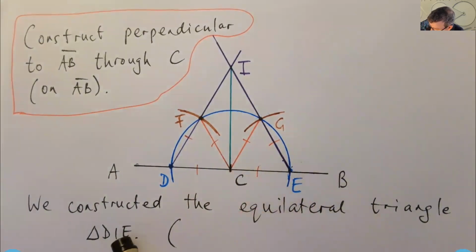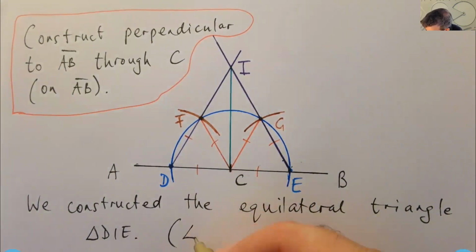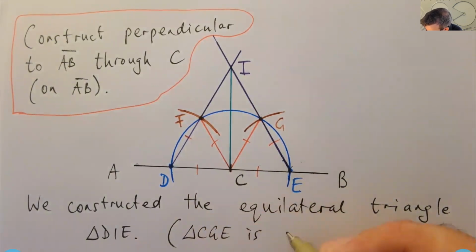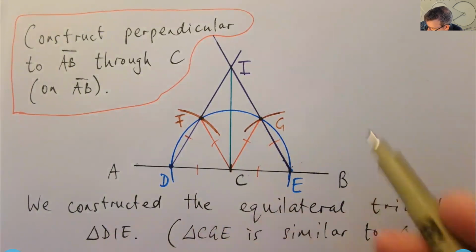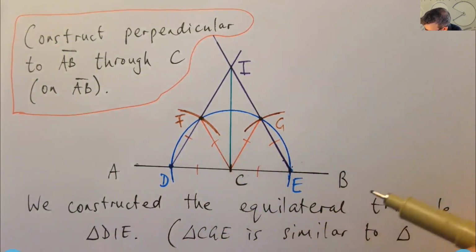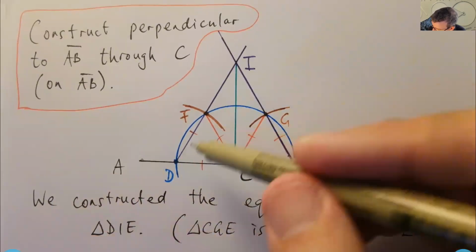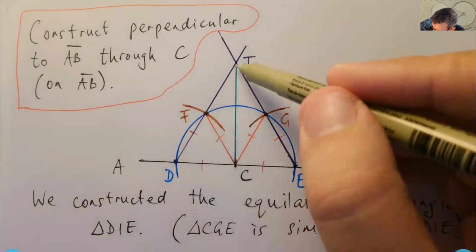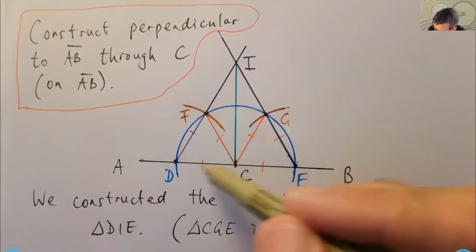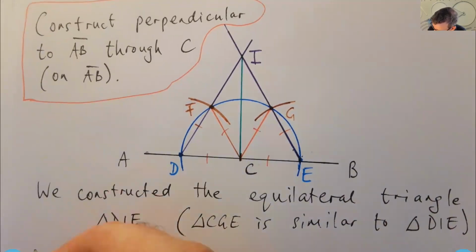So just to finish off this, this is the essential justification if you haven't seen the other video. So CGE is a triangle similar to this, right? So what does that mean? It means that this side is equal to this side in length and this side in length, all right?